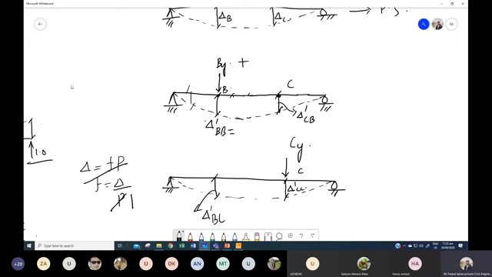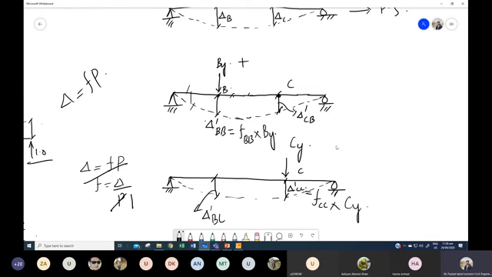Again, use this same relation. So this delta BB will be FBB multiplied by the load, that is BY. And what is this delta CC? That is again equal to FCC multiplied by the applied load, which is CY.